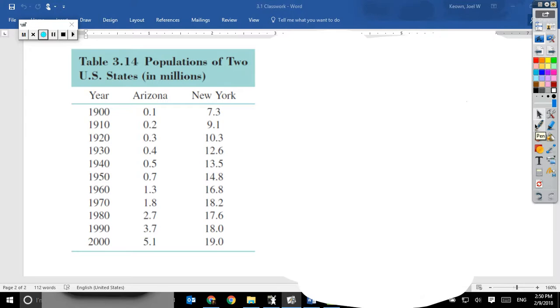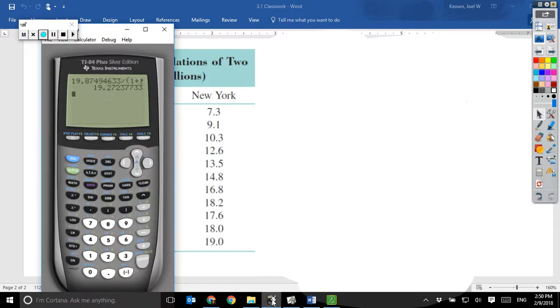So I'm going to pull out my calculator again. I'm going to go stat. I already have the data in edit, because I'm going to use the same data. So I'm going to go over to calc, but instead of using logistic, I'm going to use EXP, or exponential regression. Go down to calculate, and it gives me that.